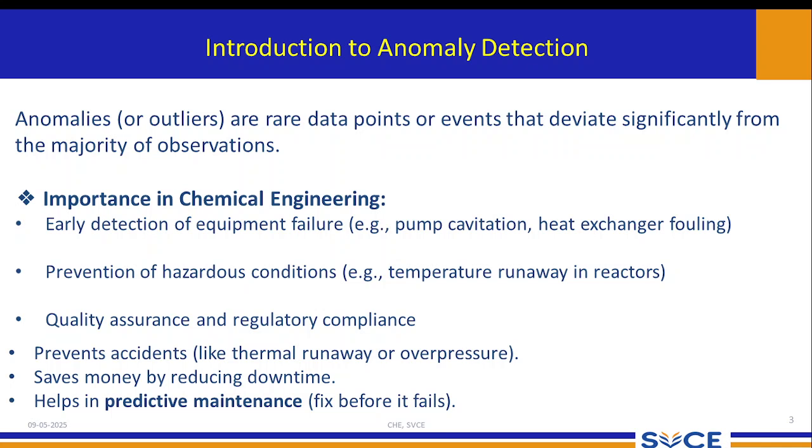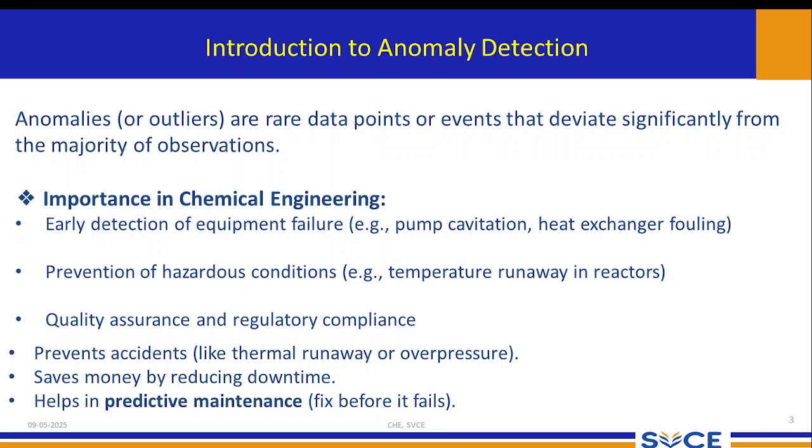The importance in chemical engineering: why do we need anomaly detection? First is the early detection of equipment failure, so that we are able to identify whether there are any chances of equipment failure because of the deviation of data from the normal process conditions.